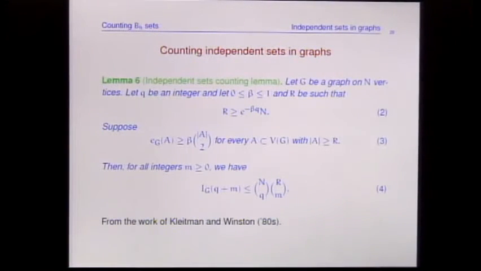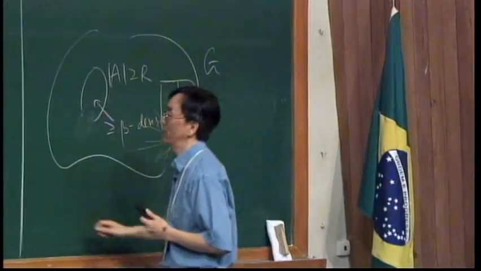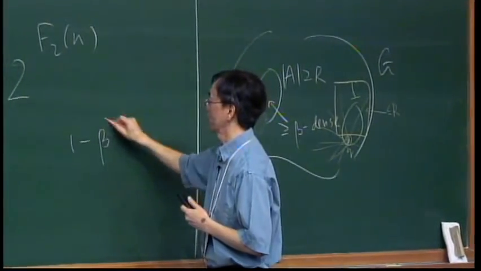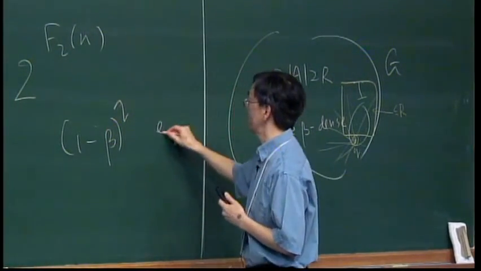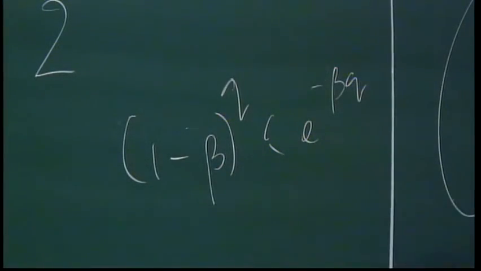If you're lucky, all of these vertices inside the seed set forbid something like a beta fraction of the remainder. So if you do it Q times, the available space shrinks Q times by a factor of 1 minus beta. You get 1 minus beta raised to Q, which is this e to the minus beta Q, which shows up here.